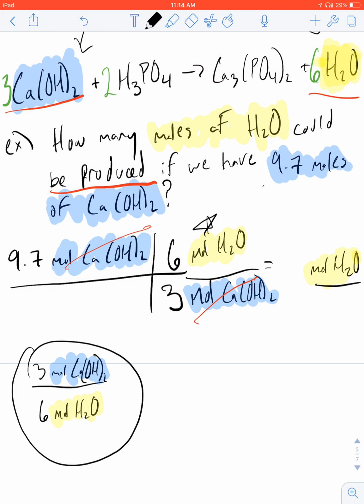This is the math you should be doing: 9.7 times 6 divided by 3. And if we do that, we will get 19.4 moles of H2O. Again, I'm not worried about sig figs right now, just learning the process of our mole ratios.